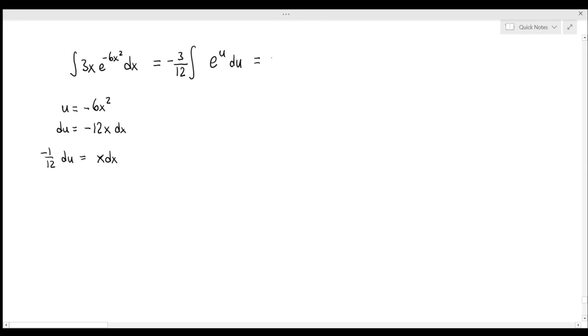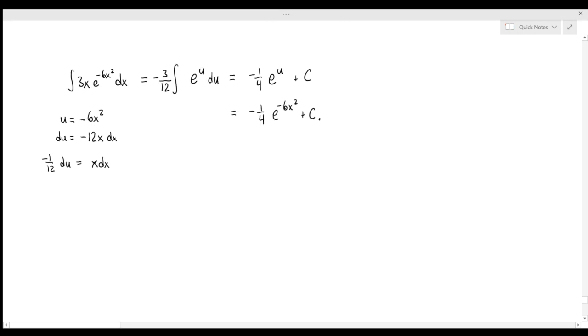From there, negative 3 over 12 I can simplify to negative 1/4. And the integral of e to the u du is just e to the u. Then I'm going to replace u with negative 6x squared. So right now, that gives me the indefinite integral of this function.